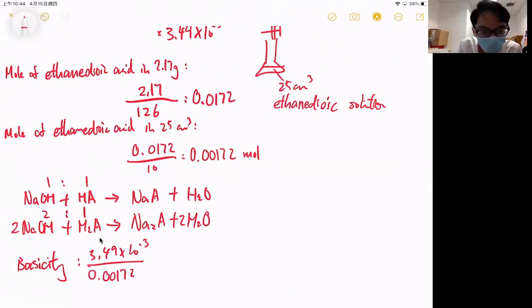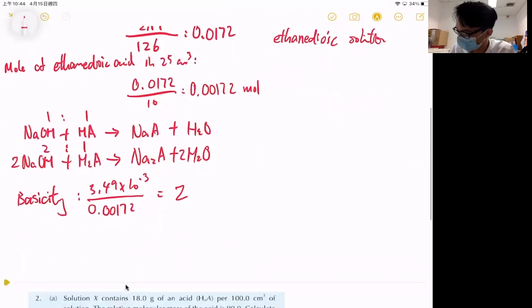This number is the number of moles of sodium hydroxide, and this number is the number of moles of acid. So when we divide the number of moles of sodium hydroxide by the number of moles of acid, we will find the basicity. It means that we need one acid to react with 2 hydroxide. So it means that the acid will be dibasic.